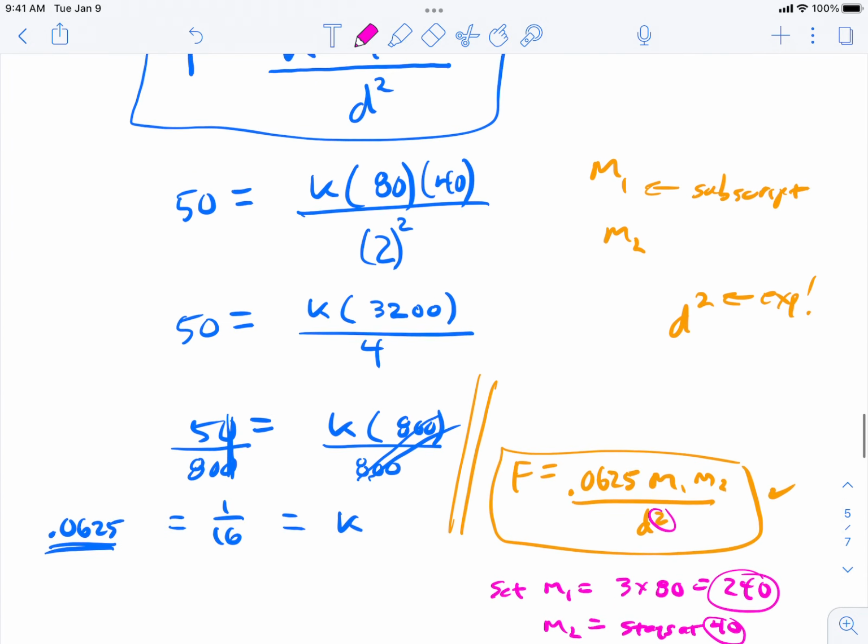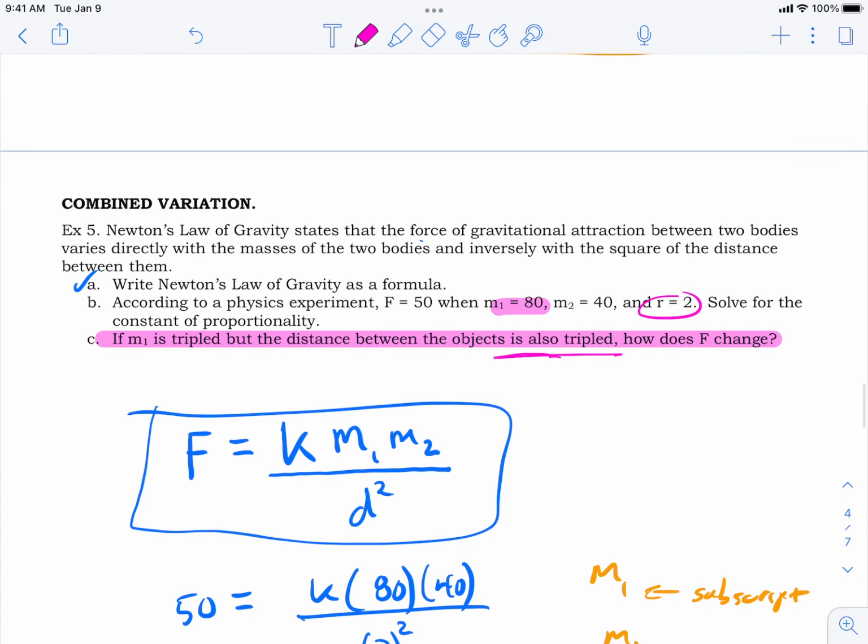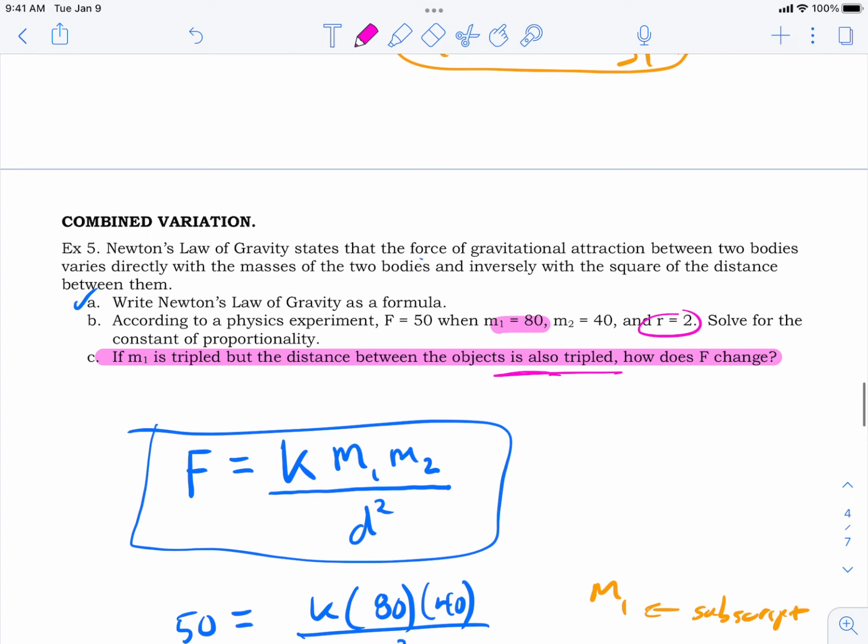Okay, well, there it is. That's all the variation talk. Again, it's mostly a matter of being able to take when somebody says something like this, the force of gravitational attraction between two bodies varies directly with the masses of the two bodies and inversely with the square of the distance between them, that you can take a sentence like that and say, oh, they're just trying to give me a formula here.